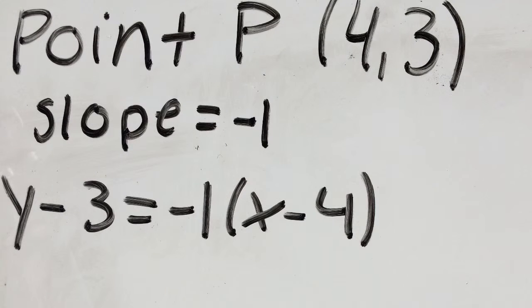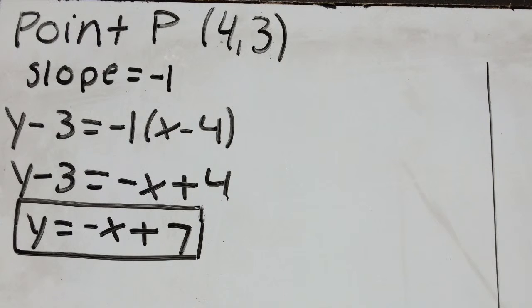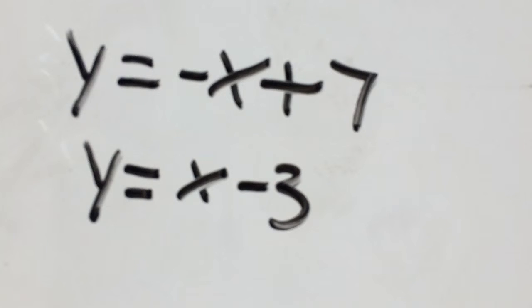You put those numbers into the point-slope formula, which is y minus 3 equals -1 times x minus 4. That simplified is y equals -x plus 7. Our two equations are y equals -x plus 7 and y equals x minus 3.